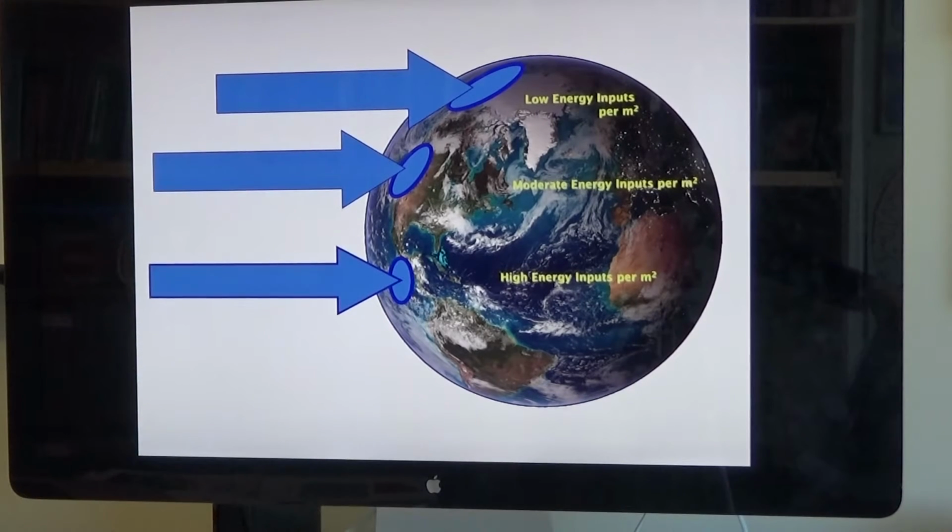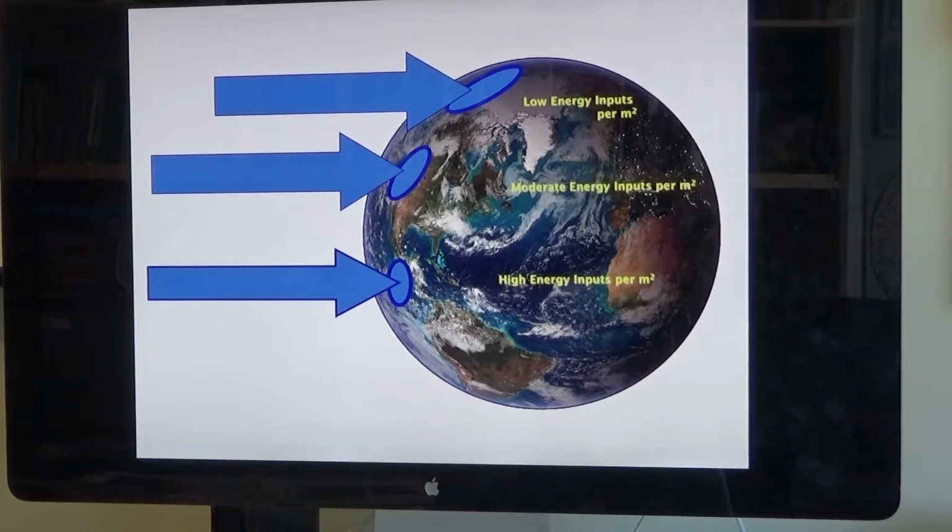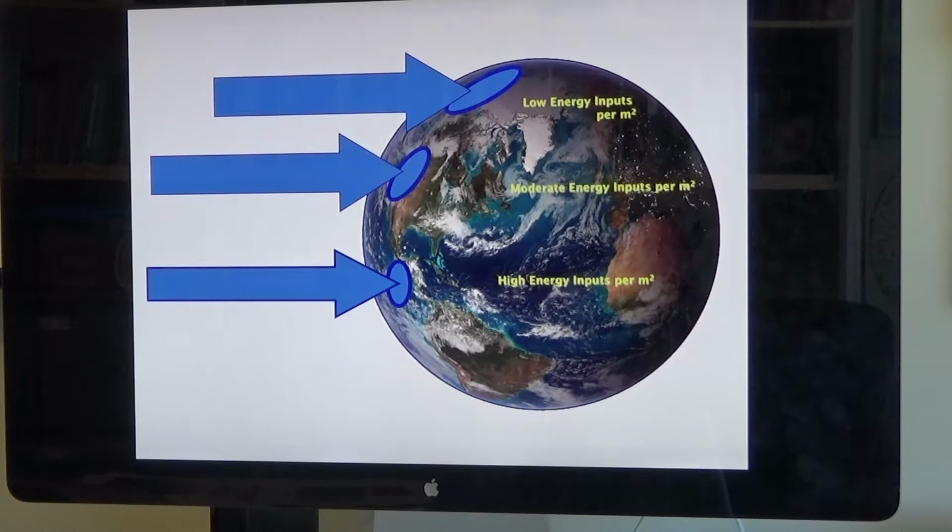Alright, so if you're looking at that, you can see these blue arrows represent packets of energy that are coming from the sun. And you can see that when the Earth is tilted, the bottom part of the picture, you're seeing that sunlight is hitting more directly. And so all of that energy is concentrated into a smaller area than that top arrow, where the same amount of energy is being spread out over a larger area.